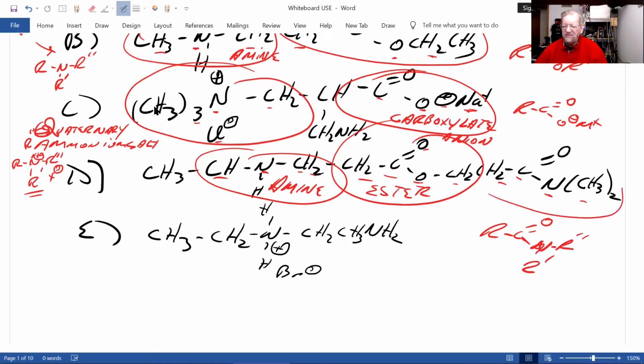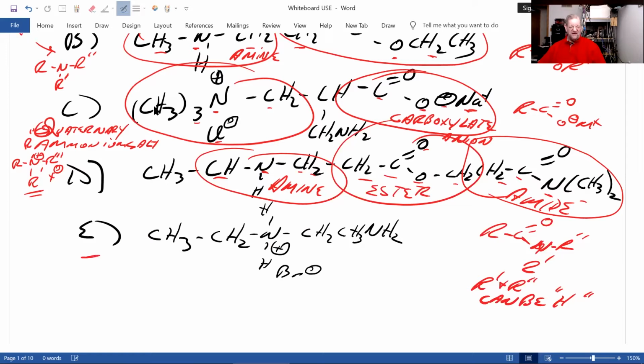And this is an amide. Don't get amine and amide confused. Students get them switched and get them wrong. And remember, R prime and R double prime can be hydrogen. In this case, they're not.